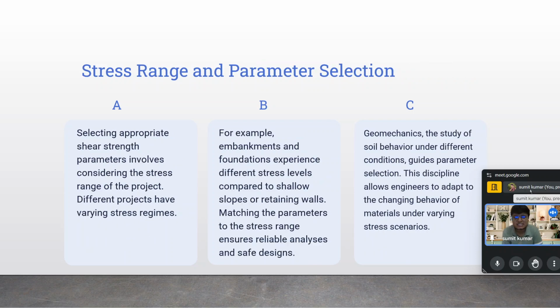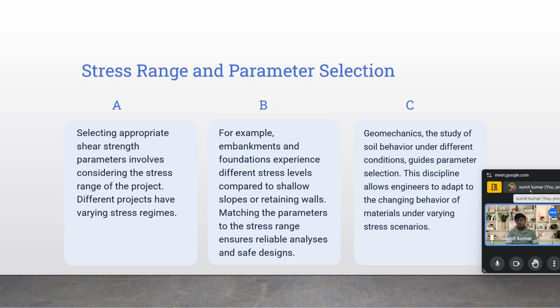When we move ahead to the stress range and parameter selection, selecting the appropriate shear strength parameters involves considering the stress range of the project. Different projects have various stress regimes. For example, embankments and foundations experience different stress levels compared to shallow slopes or retaining walls.